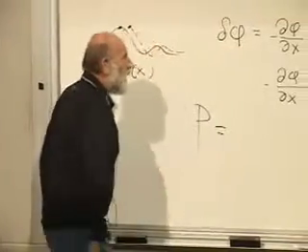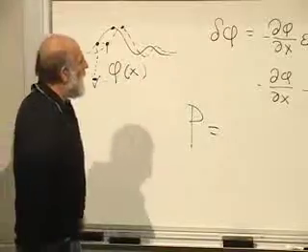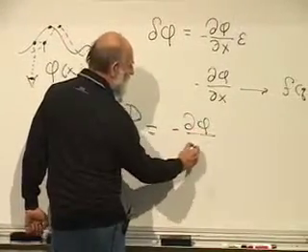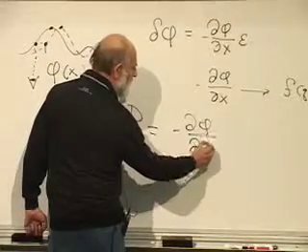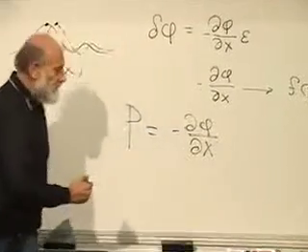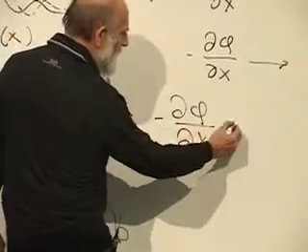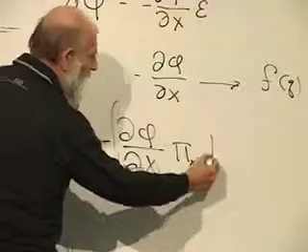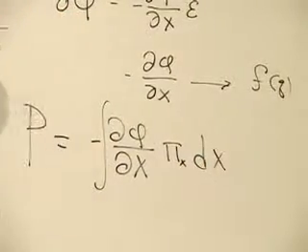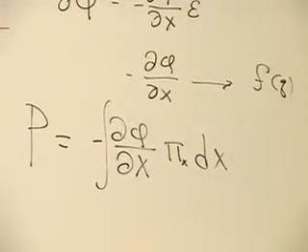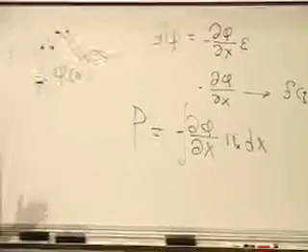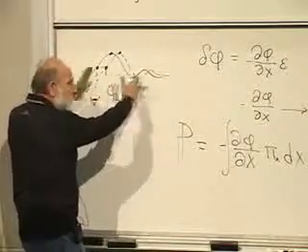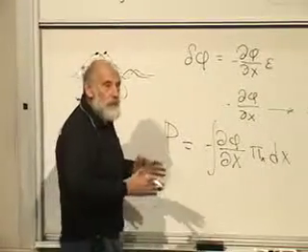All right, what is it? It's given by d phi by dx. I guess it's minus d phi by dx times pi sub x integrated over all space. That's the momentum which is conserved by virtue of the invariance of the Lagrangian with respect to spatial translation.